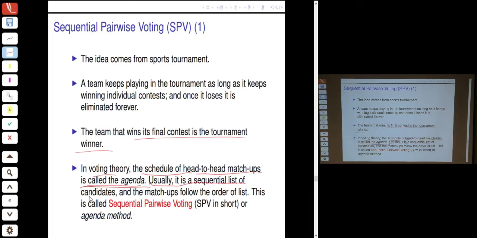Usually it involves a sequential list of candidates, and the matchups follow the order of the list. So, for example, if the candidates are listed as A, B, C, D, E and so on, then first A plays against B, then the winner of that plays against C, then the winner of that plays against D and so on. Okay. So this is called sequential pairwise voting, or SPV for short, or the agenda method.